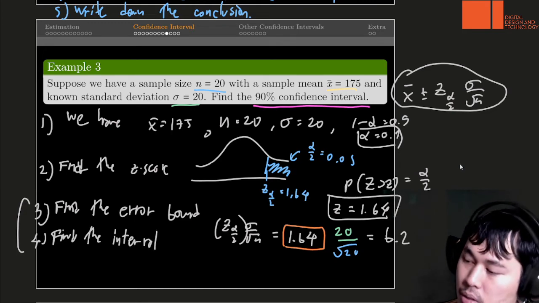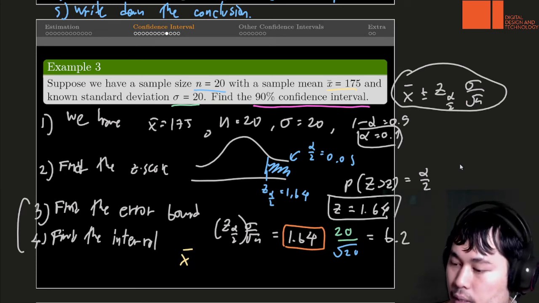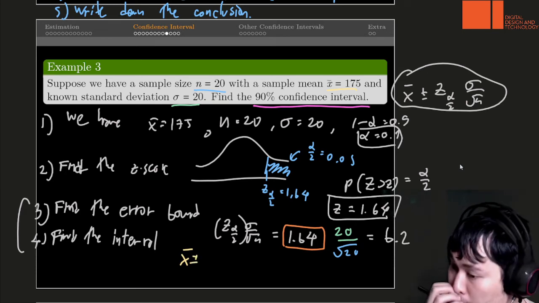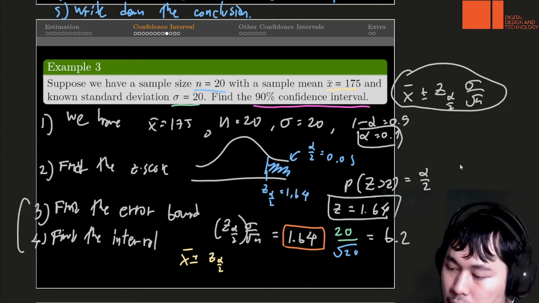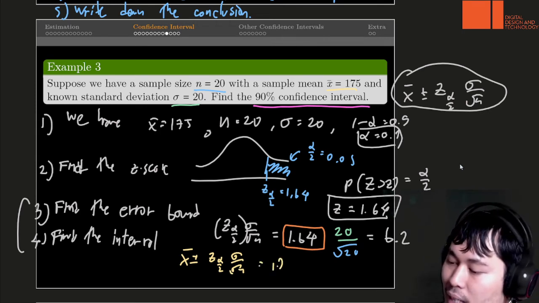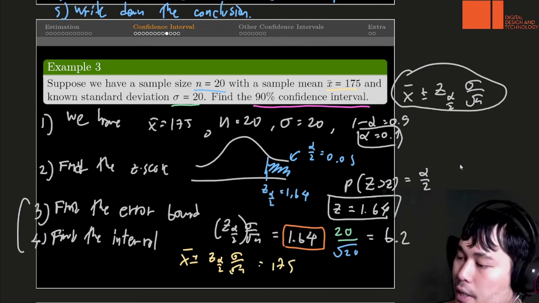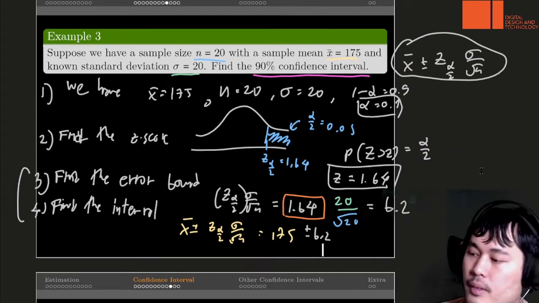Lastly, you can find the interval. You simply pick x bar, which is 125, and add and subtract the error bound. The full formula is that, but we can plug in everything we have: 125 plus and minus 6.2.